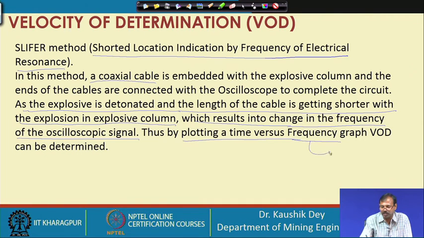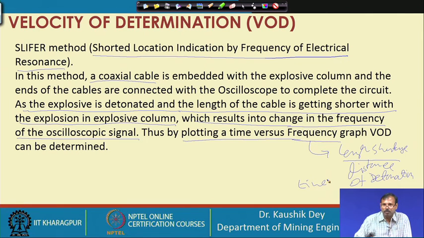So, it is the frequency with the length shortage, which gives us the distance of initiation travel, or detonation travel, in the explosive, and this length is also given in a time frame.